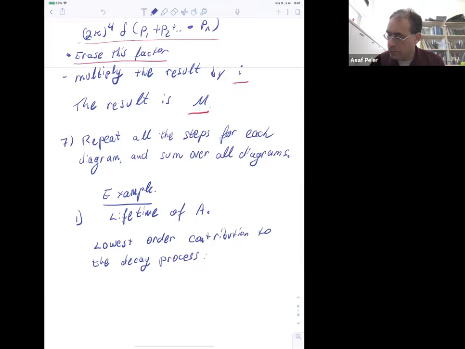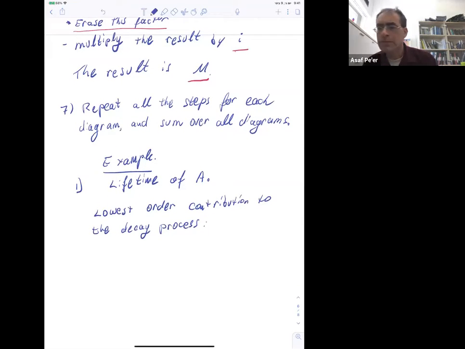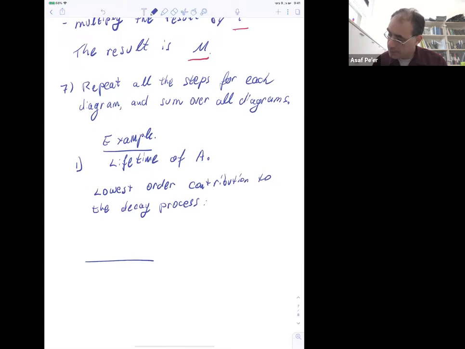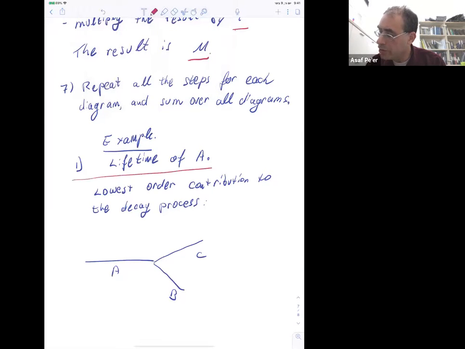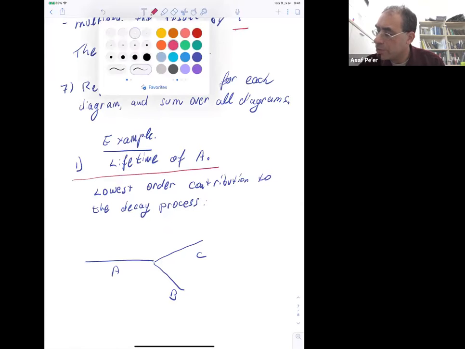Of course, I'm just going to do the simplest one. The harder ones are saved for later on. The really hard ones are saved for the exam. This is A, B, C, and D. Right? So we said that in rule number 1, we have to draw the momentum and we put the arrows.